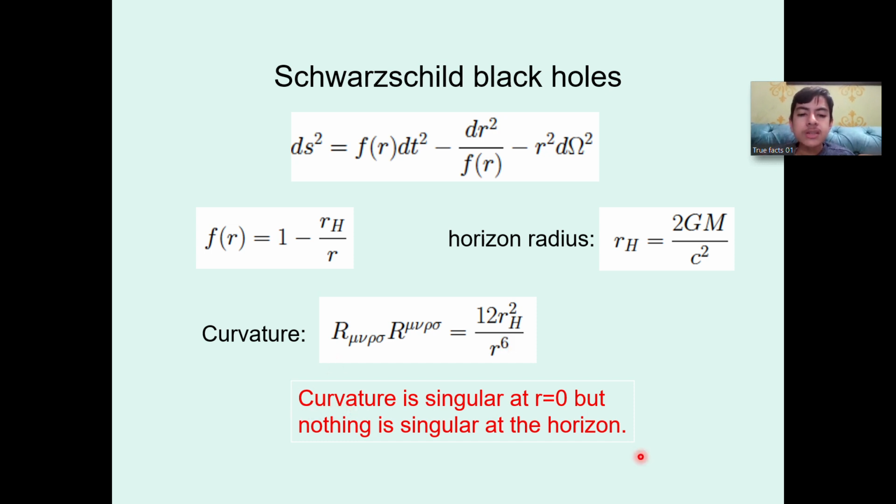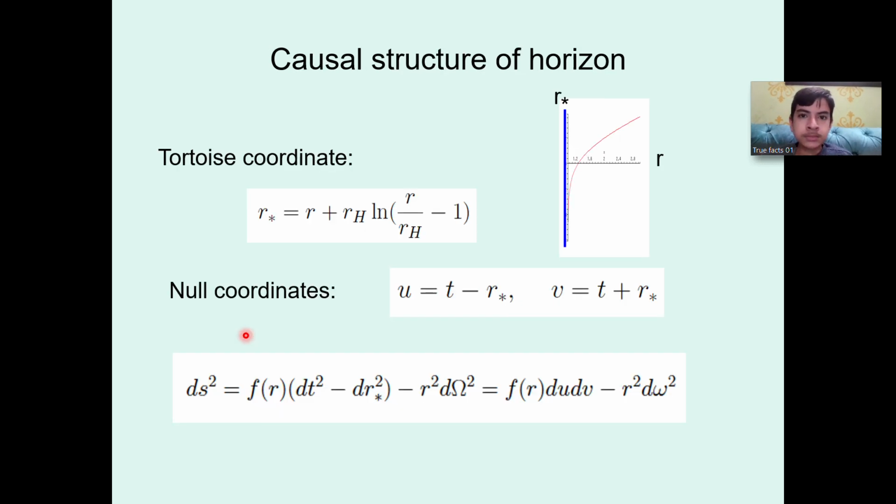The curvature is singular at r equals 0, but nothing is singular at the horizon. When we look at the curvature at the event horizon, it is not singular there.